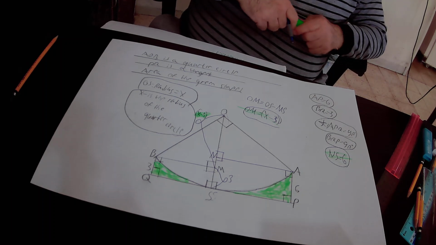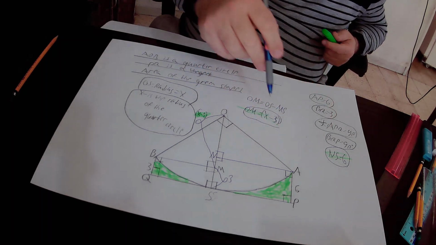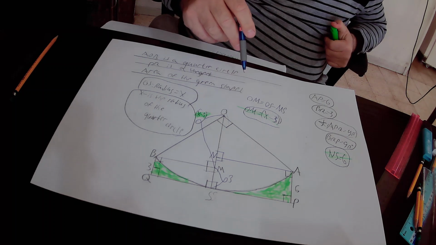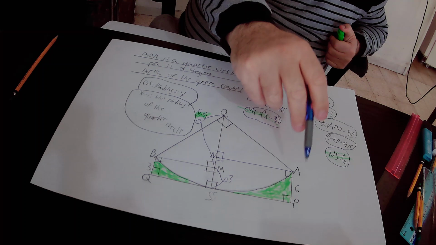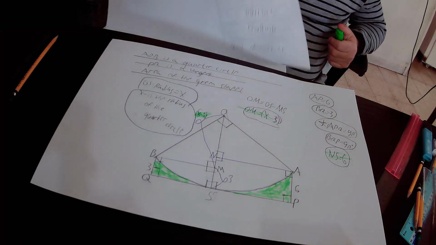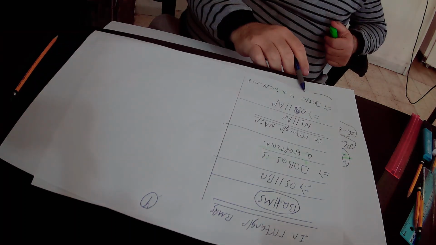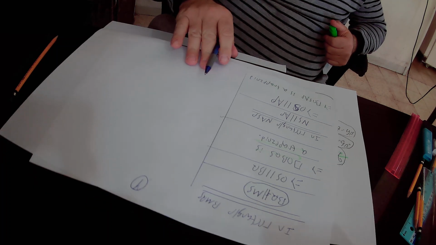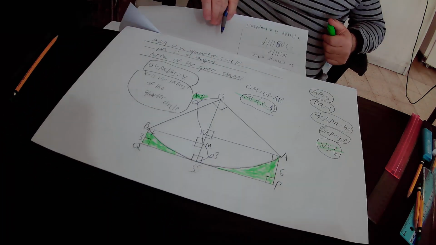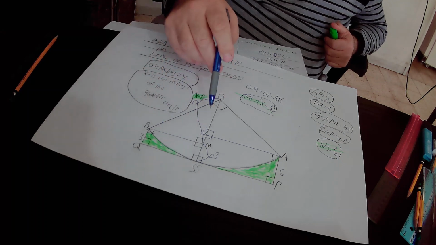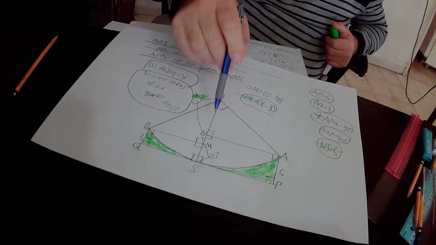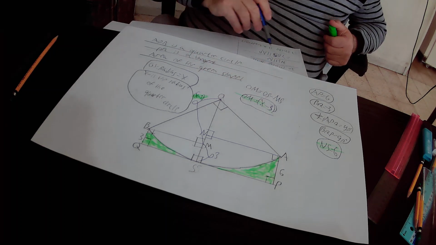Quadrilateral OSPA is a trapezoid because it has one pair of parallel sides. That is to say, side OS is parallel to side AP. So actually, in conclusion, we found out that quadrilateral OBQS is a trapezoid and quadrilateral OSPA is also a trapezoid.